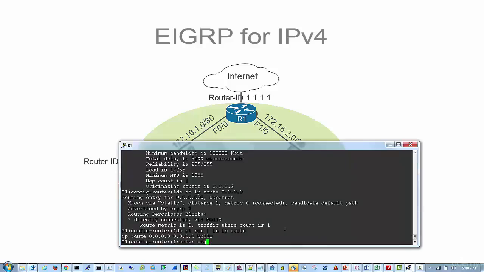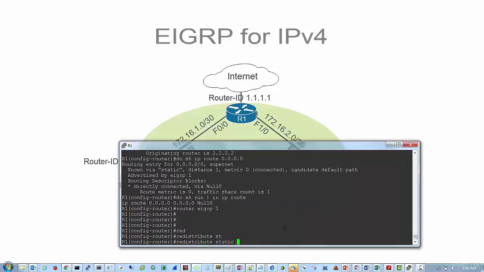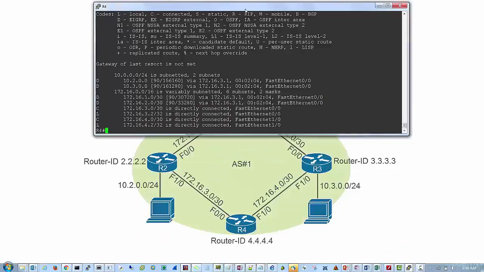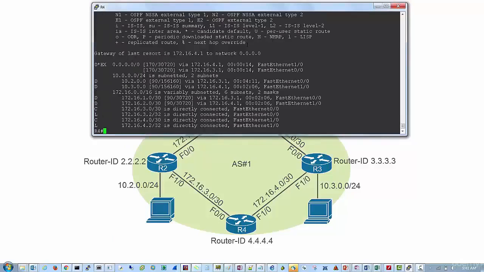If I go under my EIGRP autonomous system configuration and say redistribute static, it will redistribute that static default route to the rest of the topology. So if we look in R4's routing table, we see we have two equal cost default routes in our routing table. That's because it learned the same feasible distance from R2 and R3 for that route.